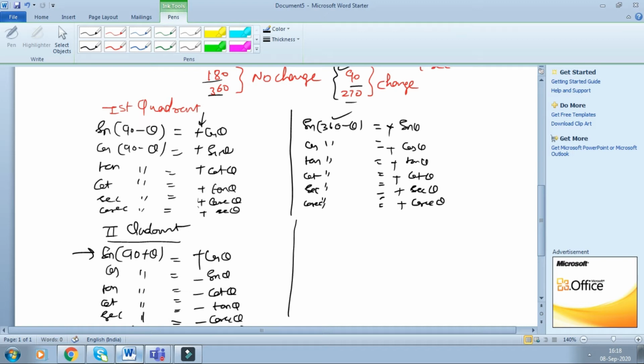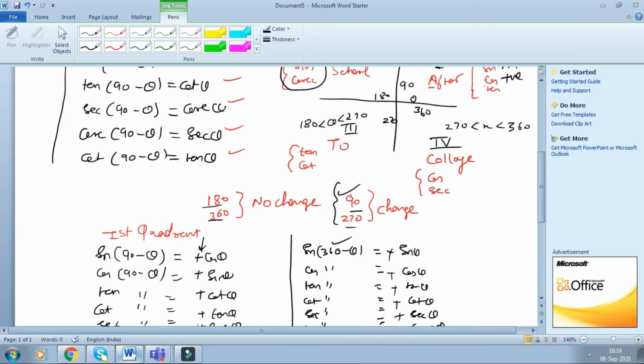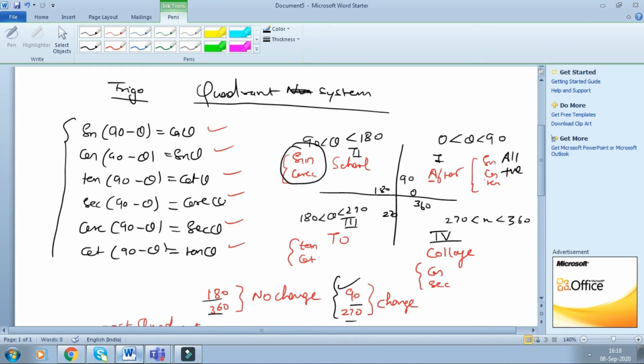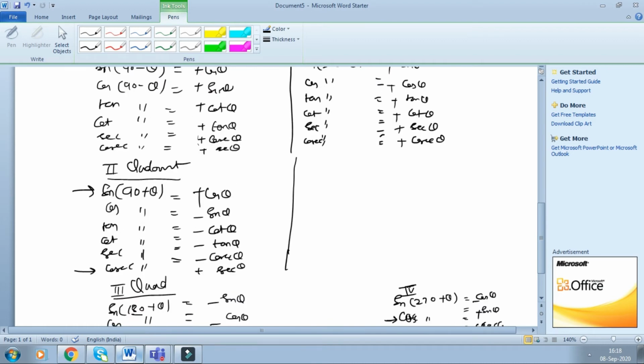Now if we move towards the second quadrant, earlier we moved towards the second quadrant by putting 90 plus theta, but another way to move towards the second quadrant is 180 minus theta. So if I make some formulas for this: sine 180 minus theta, then similarly cos, tan, cot, sec, and cosec. See it very carefully, very important.